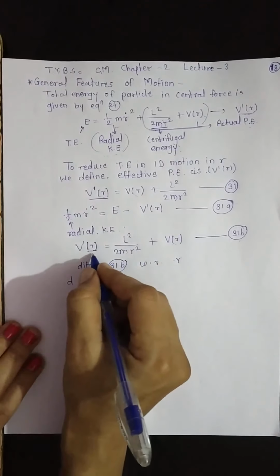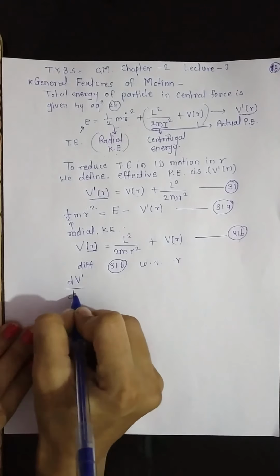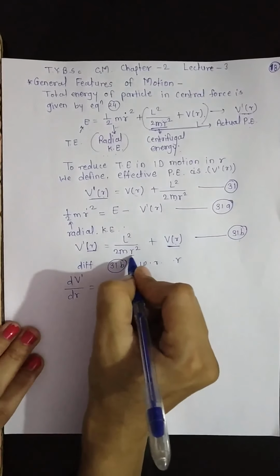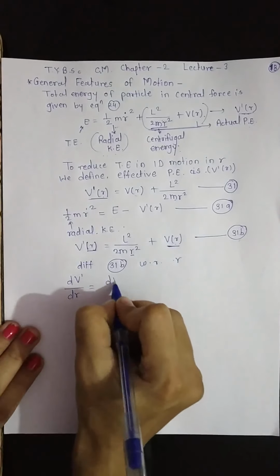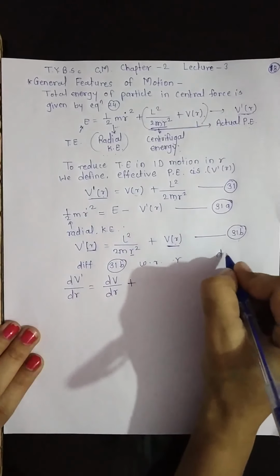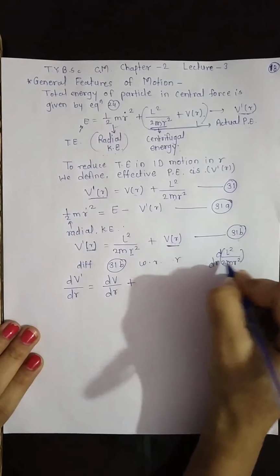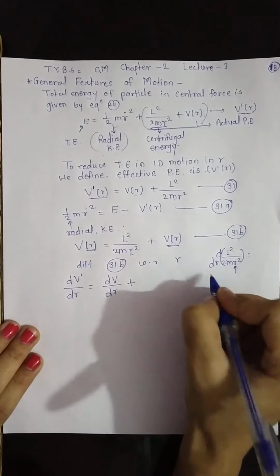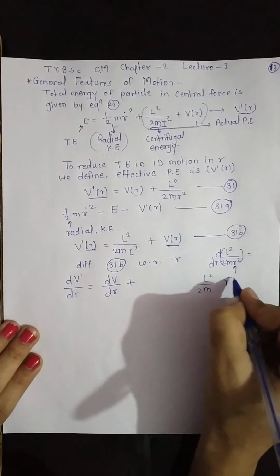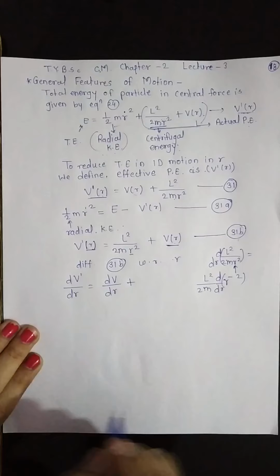So now differentiate equation 31b with respect to R. I will get dV dash upon dr is equal to, first let me write this derivative because it is easier, dV by dr, plus the derivative of L square upon twice m r square with respect to r. Here L square upon twice m will be constant, and we will have d by dr of r raised to minus 2.